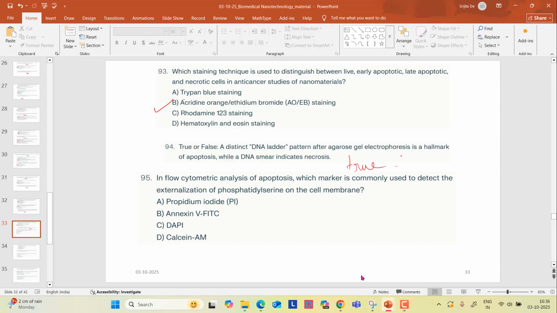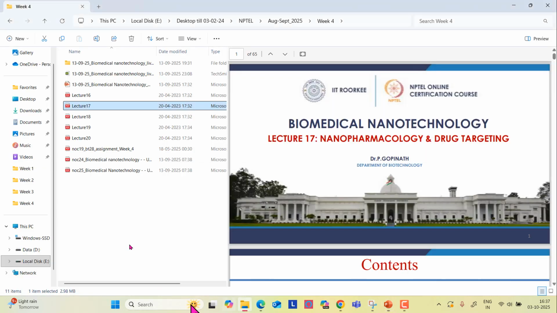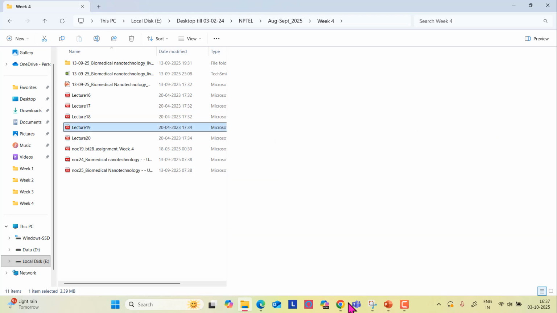In flow cytometric analysis of apoptosis, which marker is commonly used to detect the externalization of phosphatidylserine on the cell membrane? Let's check, because I am not sure.